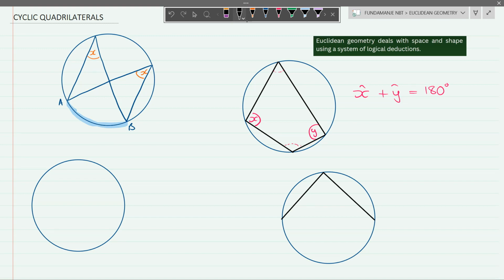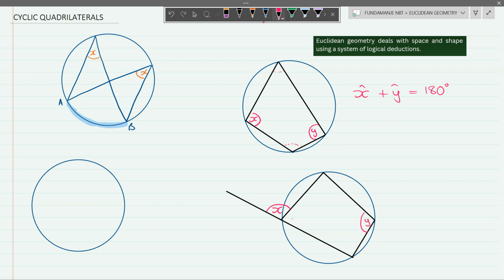in which we include an exterior angle. Now this law states that if we have an angle outside here, this exterior angle of a cyclic quadrilateral, this will be equal to the opposite interior, which is the y over here.